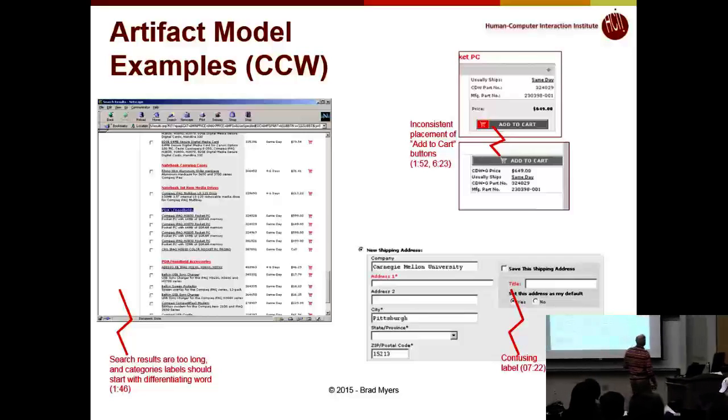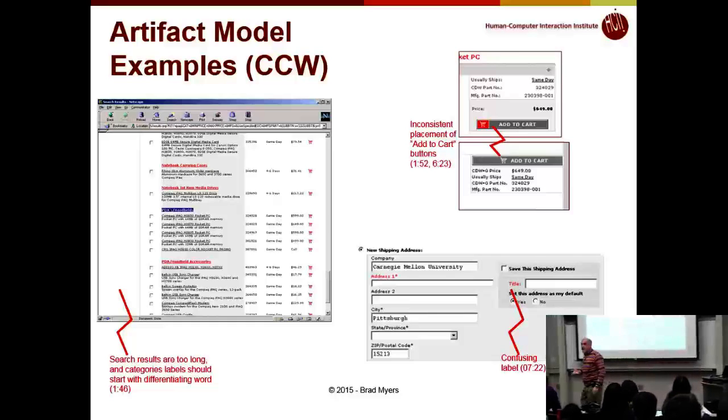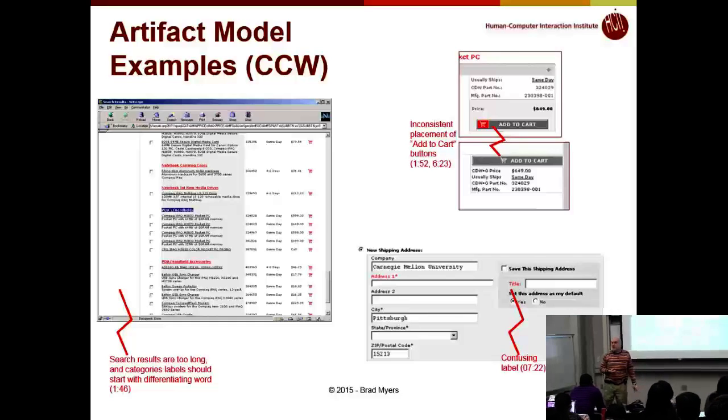This one up here is a really low importance problem that I noticed. It turned out, you probably didn't even notice this go by. Anybody notice this? The add to cart button moved from the top to the bottom. It had no impact on the user's ability to do the task, but it did seem a little weird in reviewing it.